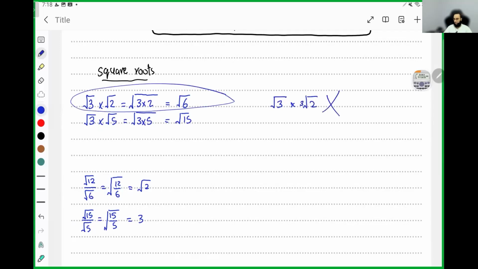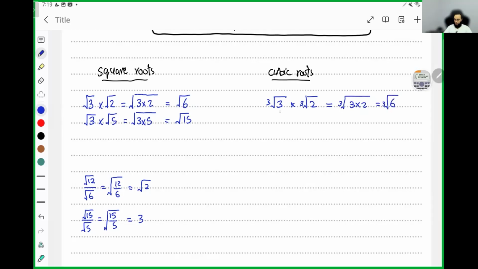No, we couldn't, because one is a square root and the other is a cubic root. But if they are two cubic roots, yes, we can. It's cubic root 3 times cubic root 2, which is cubic root 6. Cubic root 3 times cubic root 5, below.